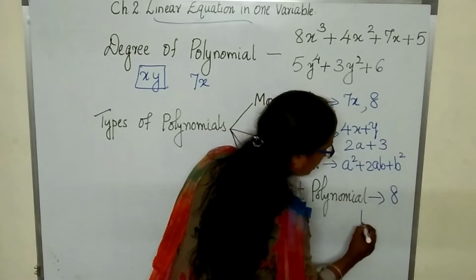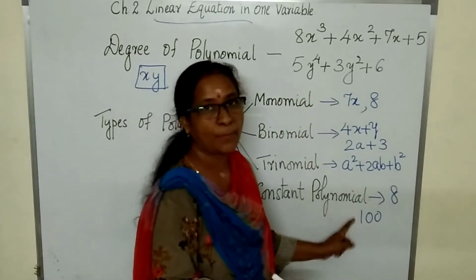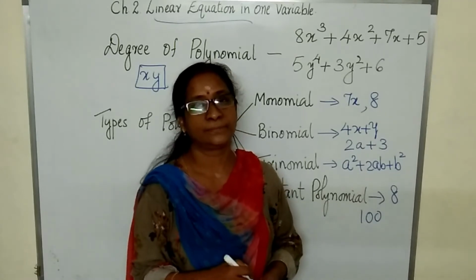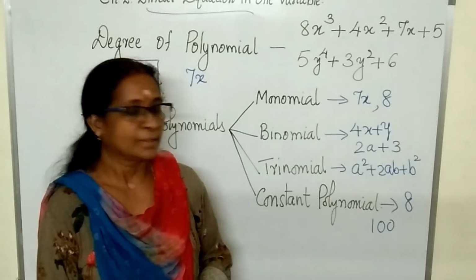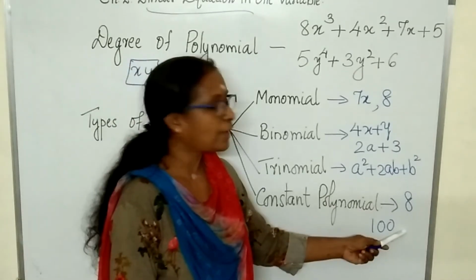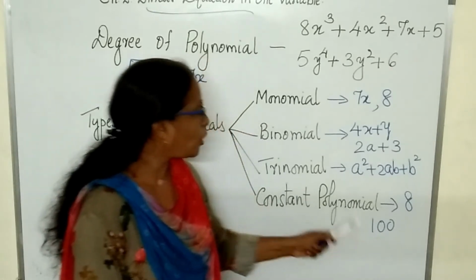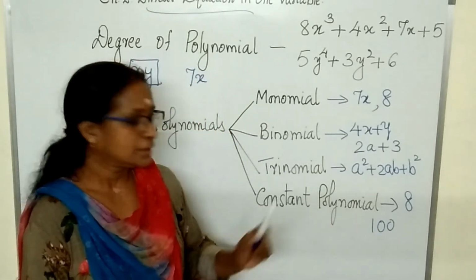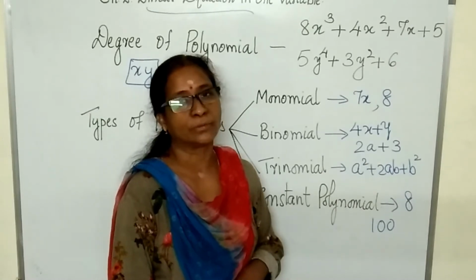Now if you write 100 is a constant polynomial. Now see here there is no variable, means the power is 0. So what is the degree of a constant polynomial? The degree of a constant polynomial is 0.